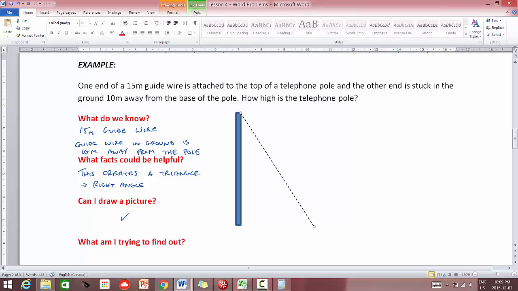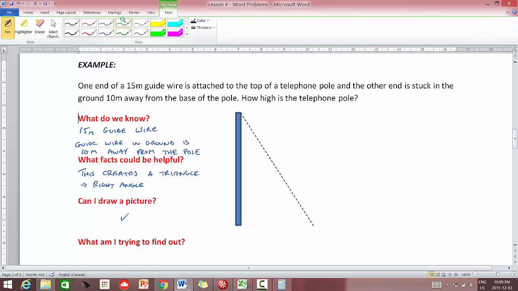Okay, but what it doesn't tell you really is that there's a base to it. And in this case, the ground acts as a base. So if this is the ground, this is the grass that the wire's attached to. This completes your triangle. So you have a right angle right here. Now we can start labeling the triangle.